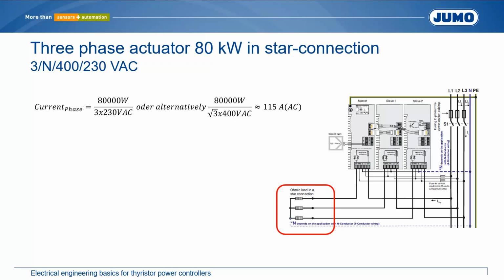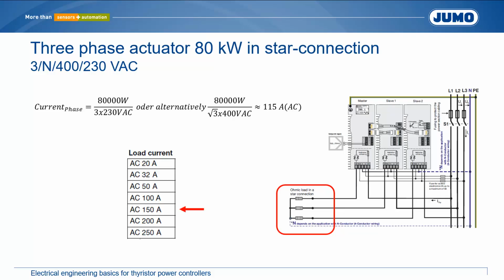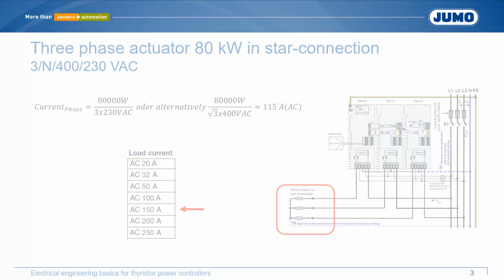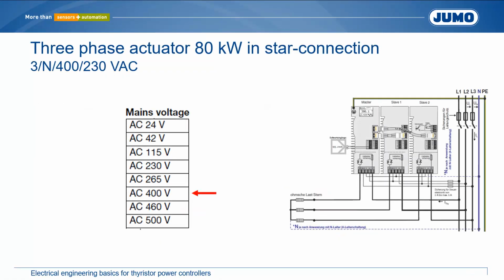This results in approximately 115 amps. A controller for a permissible load current of 150 amps must be used. The controllers for three-phase operation must always be designed for the phase-to-phase voltage. In the example, these are 400 volts AC.